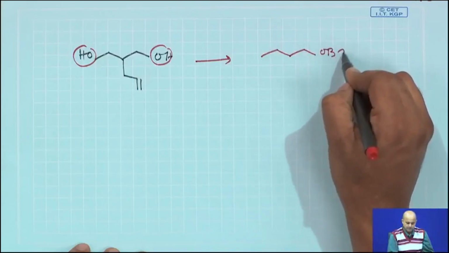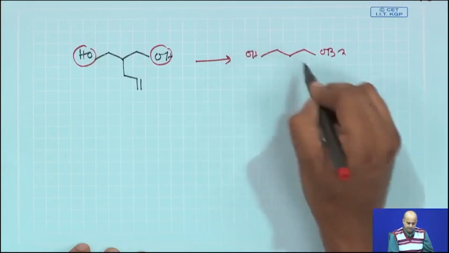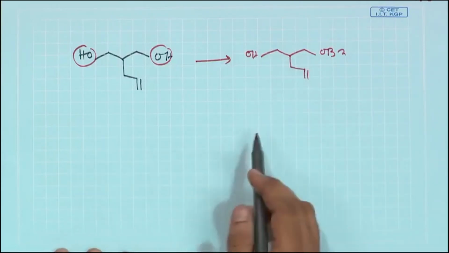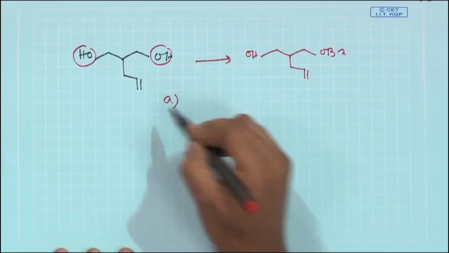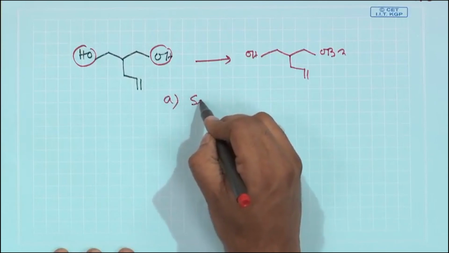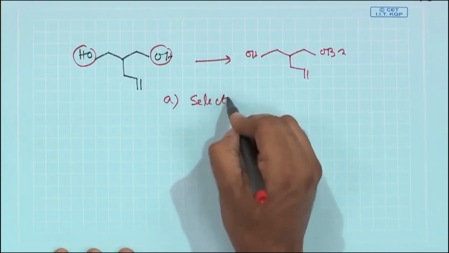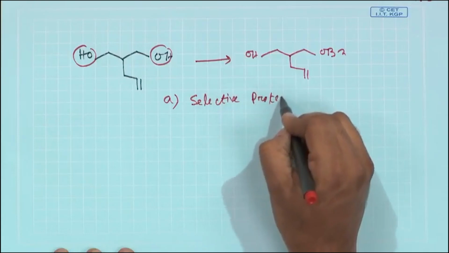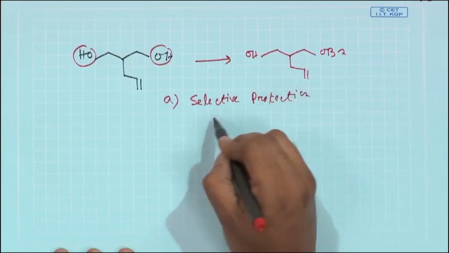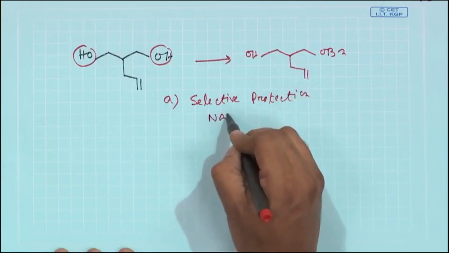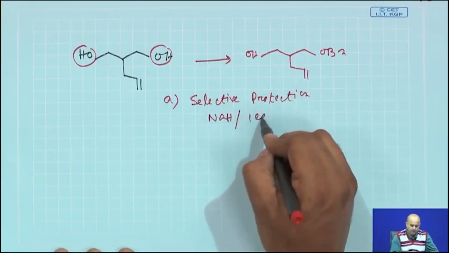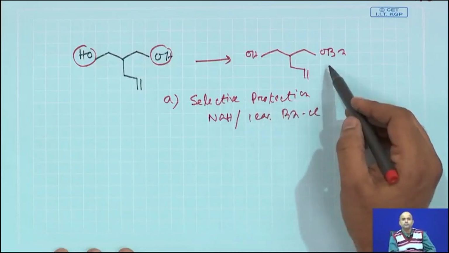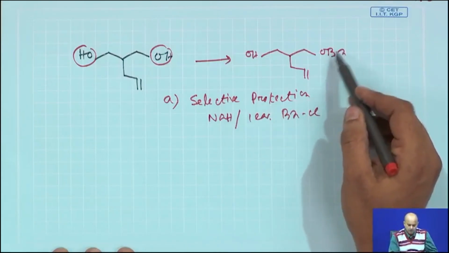by a benzyl formation. Now, in reality you can do this reaction in numerous ways, meaning you just do a selective stoichiometric based protection. As I said earlier, if you react this compound with sodium hydride and one equivalent of benzyl chloride, you will get a monoprotection.